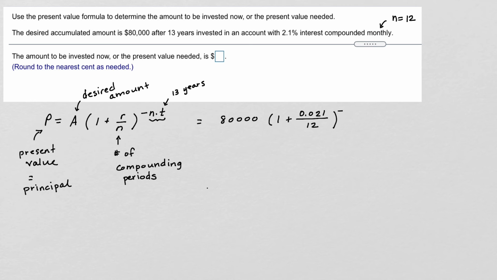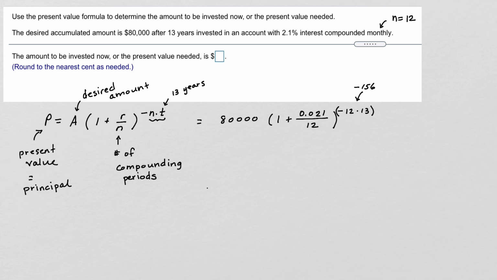And then I'm raising that to the negative 12, which is n, times 13, which is t. So when you put this into your calculator, you may need to put that exponent in parentheses in order to have it all multiply together and be the exponent. If you have difficulty with that with your calculator, you can multiply that first and get a negative 156.